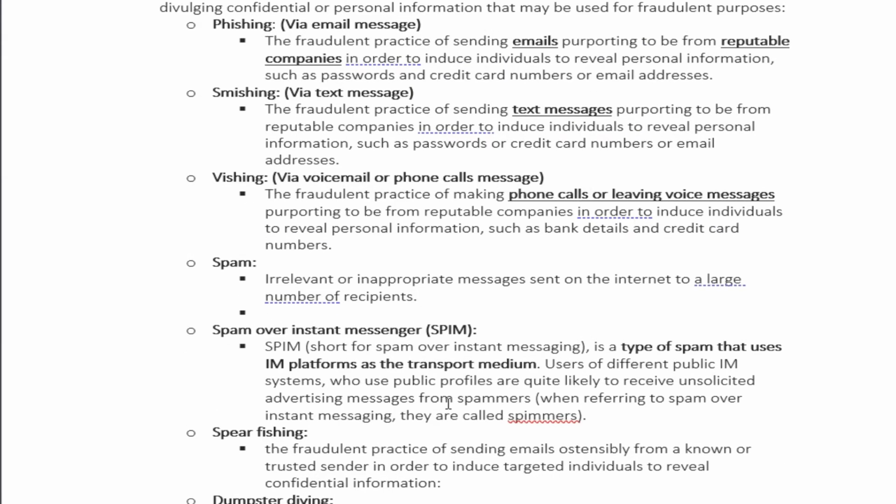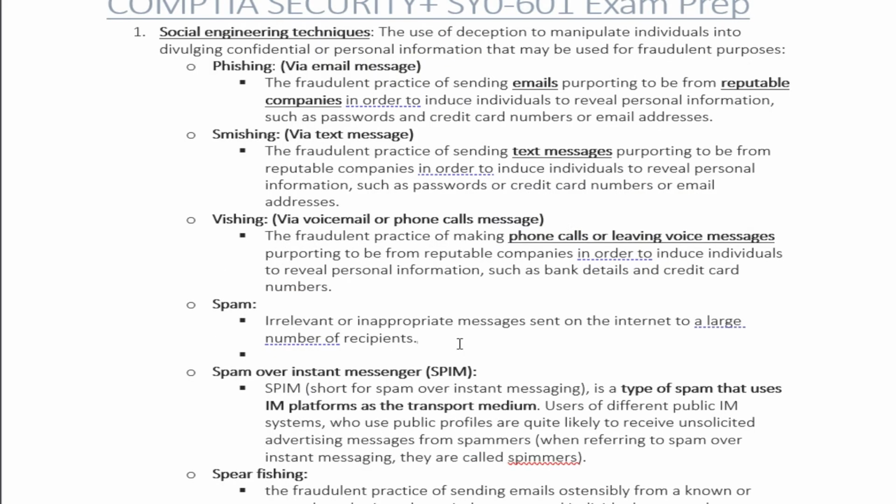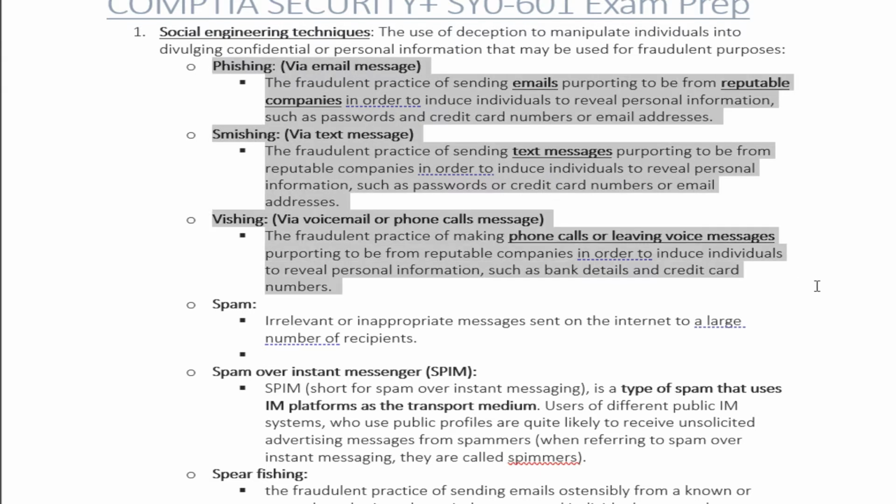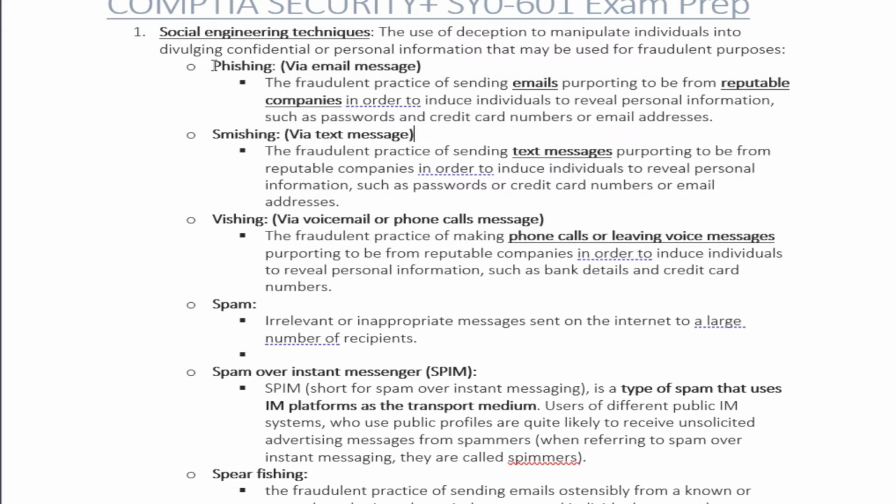And oh, by the way, how did the bad guy get a large number of recipients' email addresses, right? This bad guy could have done that using these methods. Somehow, some way, they've been able to gather a large number of email addresses either by phishing those folks successfully, smishing them successfully, or vishing them successfully.